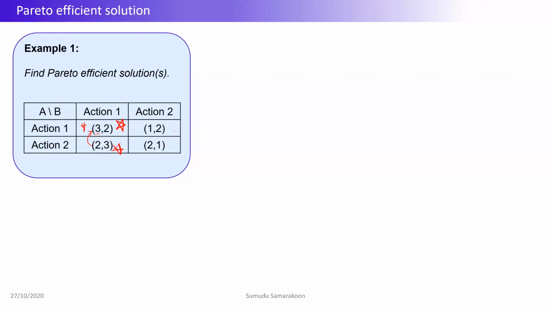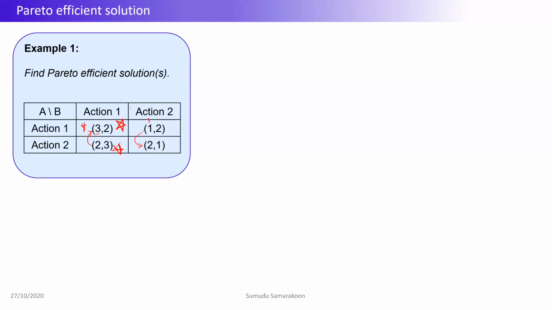Now, if we consider this setup, first we will check player A, then player B. From player A, if we change from action 1 to 2, it could improve, but it will decrease player B's payoff. Therefore, it is not allowed to do so.